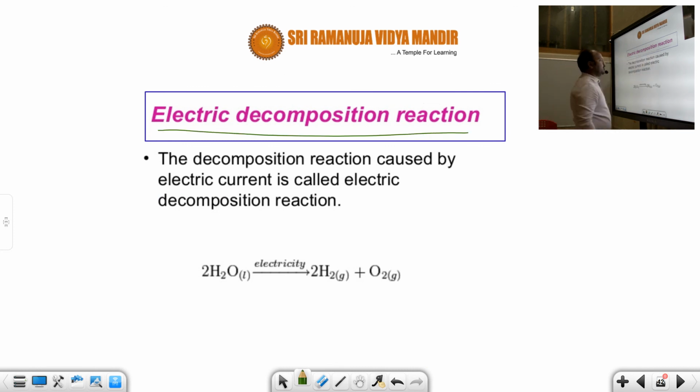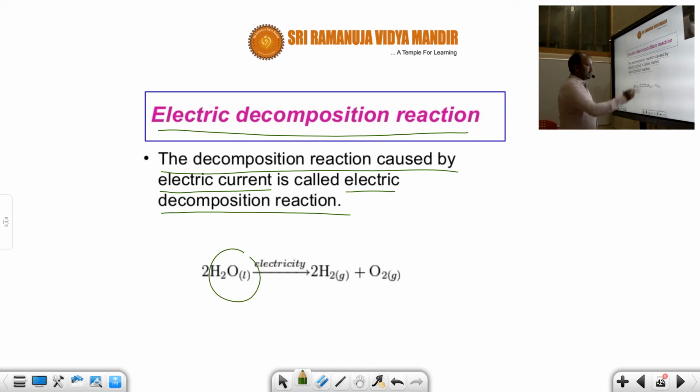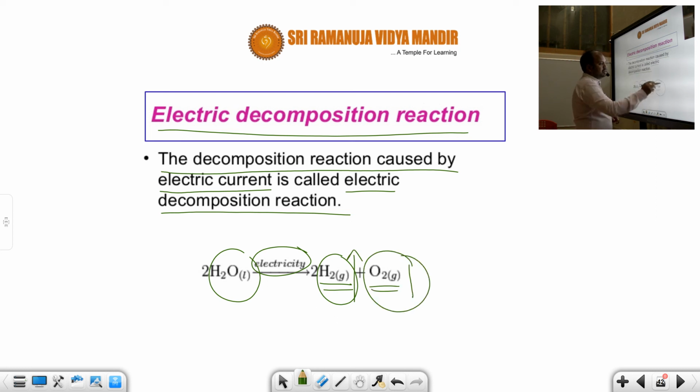After that, electric decomposition reaction. What is electric decomposition reaction? It means the decomposition reaction caused by electric current. Whenever the decomposition reaction takes place in the presence of electricity or current, it is called electric decomposition reaction. For example, H2O, water: by passing current it will be broken down into two substances, hydrogen gas and oxygen gas.